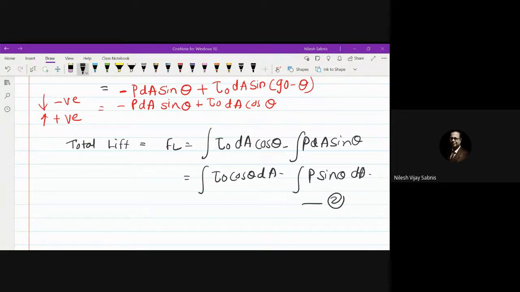The lift and drag equations have an integration sign, and generally we are not using that equation.